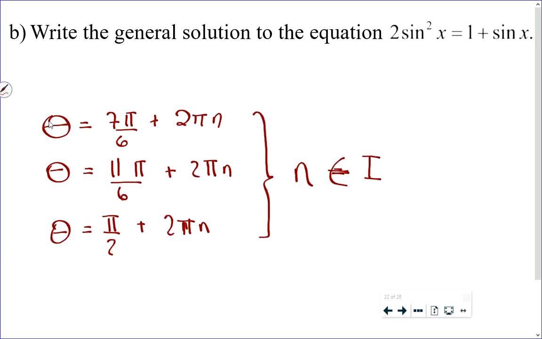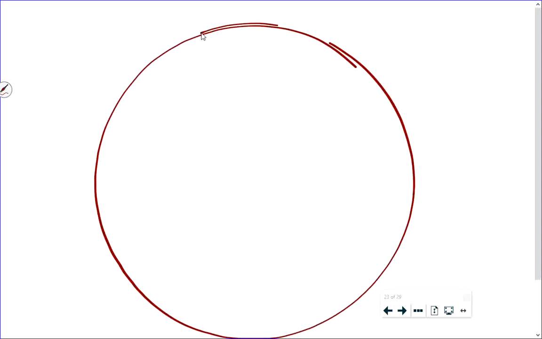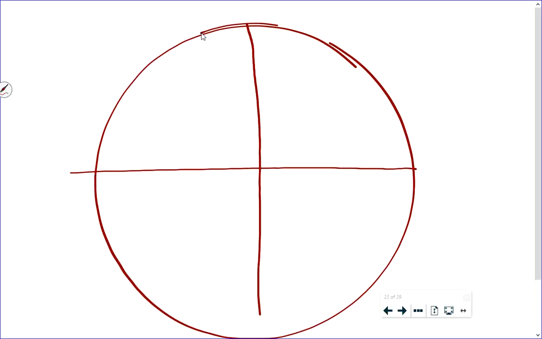We're not quite done with this one because there is a tidier way to write the general solution. And you have to visually see these three solutions or these three locations are all the same angle away from each other.